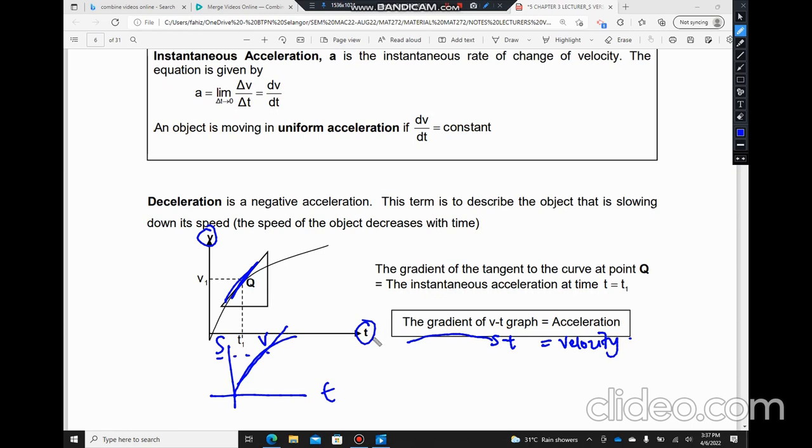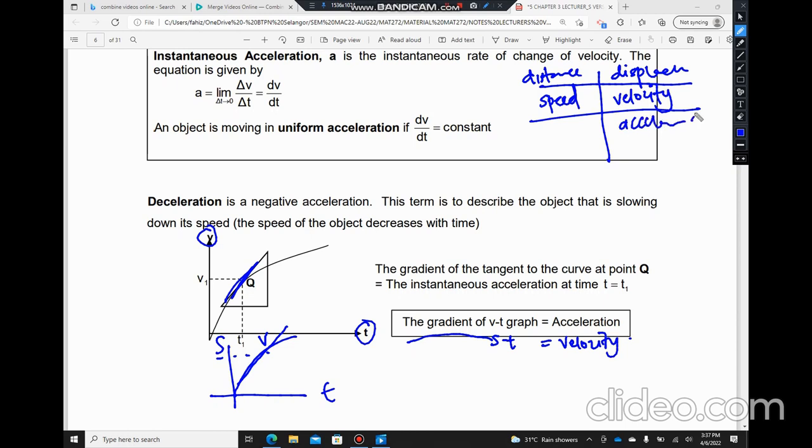Okay, so kita tahulah kita ada 3 term sekarang ni. Kita ada speed, kalau kat sini speed, kat sini adalah velocity. Mula-mula kita ada distance, kita ada displacement, and then kita ada speed, kita ada velocity, and then kita ada kat sini acceleration.